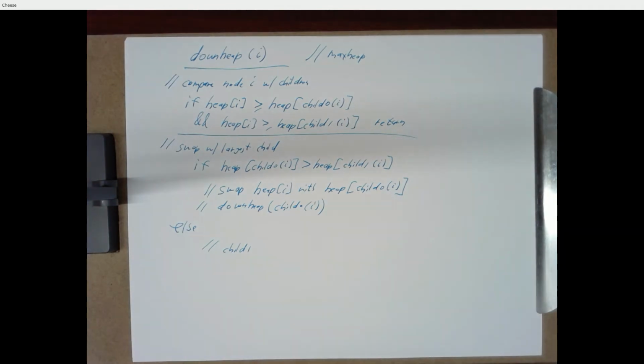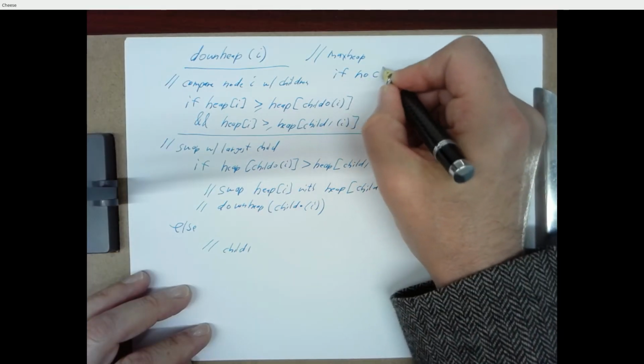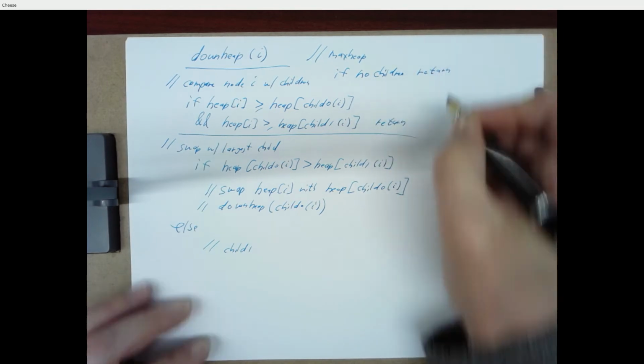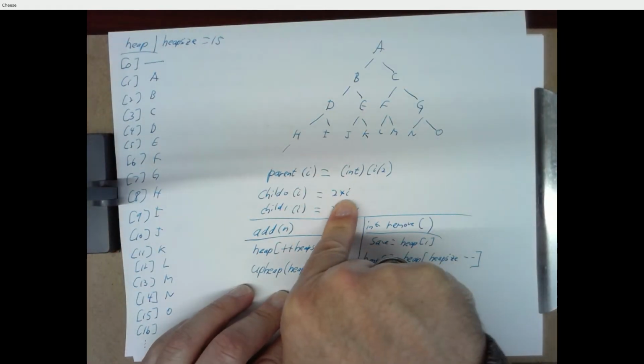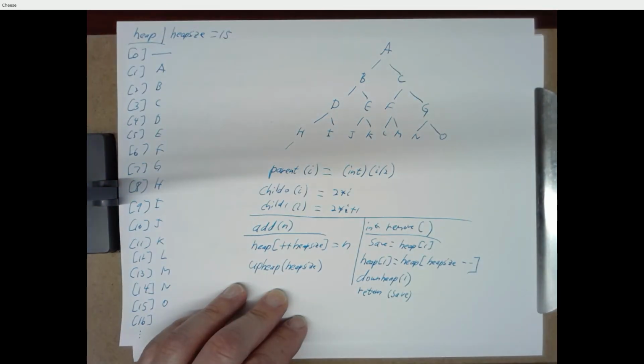And we need an edge case. So if no children, then return. So our child function will just happily give us a new index, but we want to check and make sure that's not bigger than heap size. If it is, then that child doesn't exist.